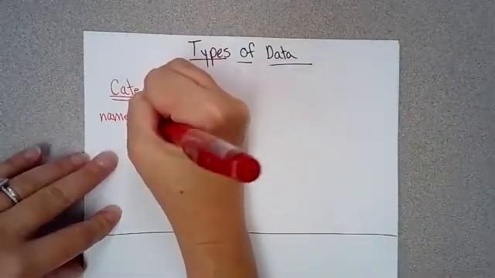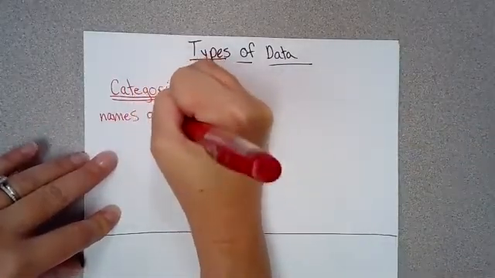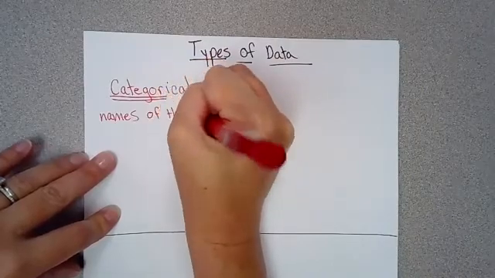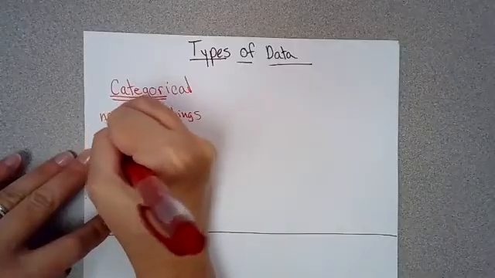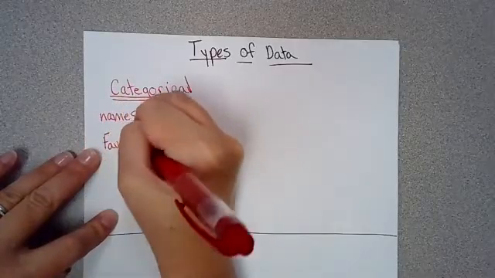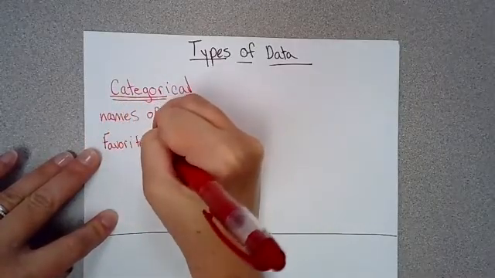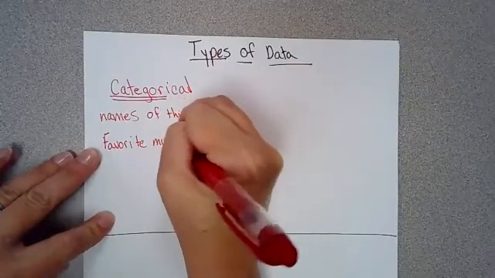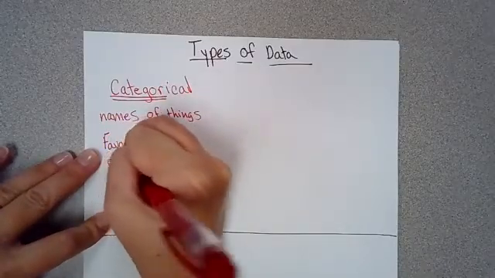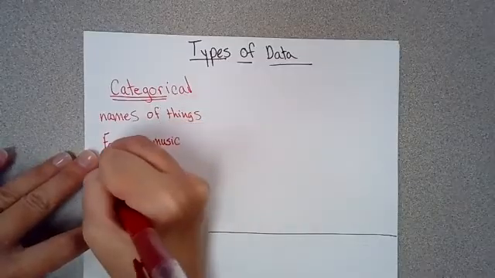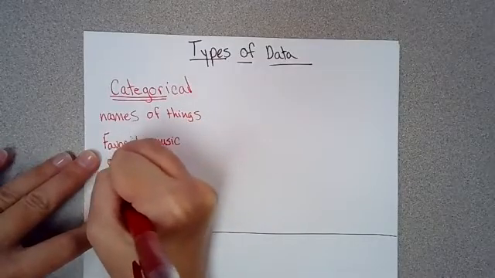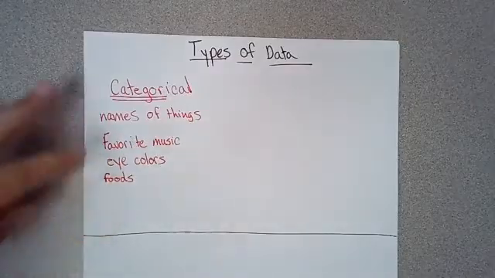Okay, so I'm going to put this down here, names of things. So different types of categories would be favorite music. That would be a category. Eye color. Foods. These things will have names, okay?